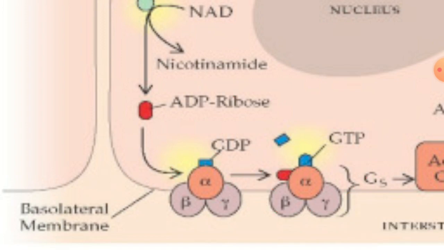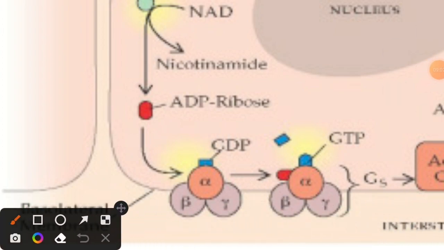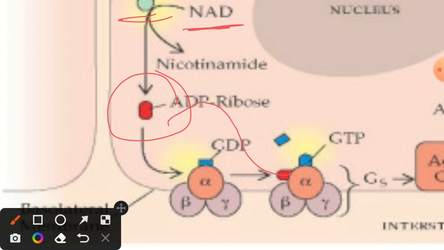Now, the catalytic A subunit will attach the ADP ribose group that it takes from NAD onto the G alpha subunit, and remember, during that time G alpha has GTP.